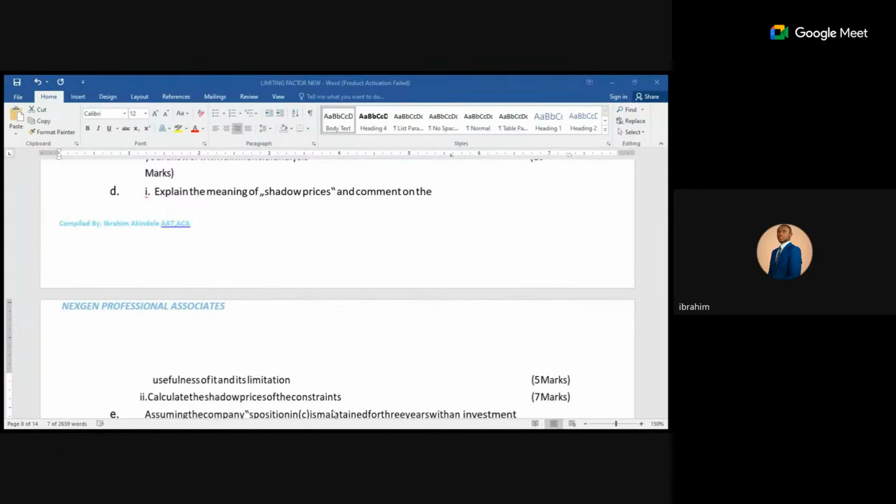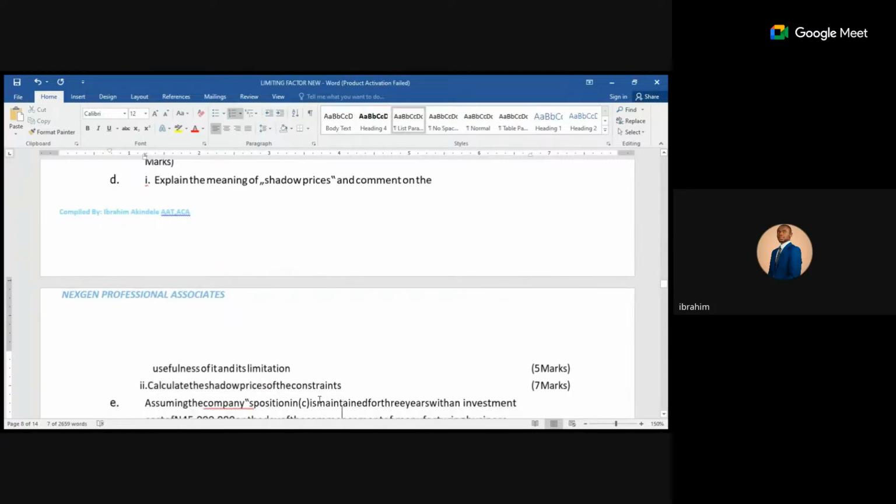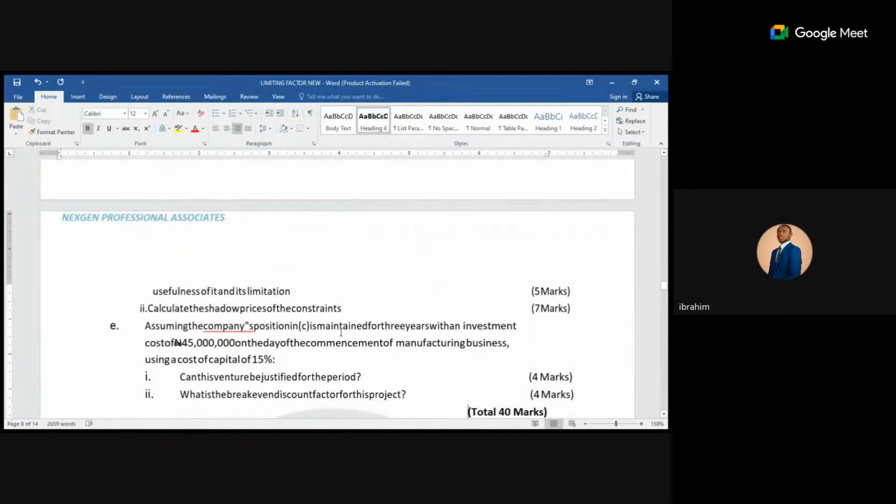The last question here: assume the company position is maintained for 3 years with an investment cost of 450 on the day of the commencement of manufacturing of business, using the cost of capital to discount at 15%. Can this venture be justified for the period?